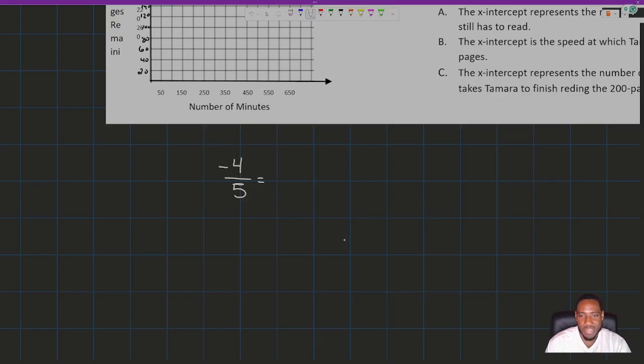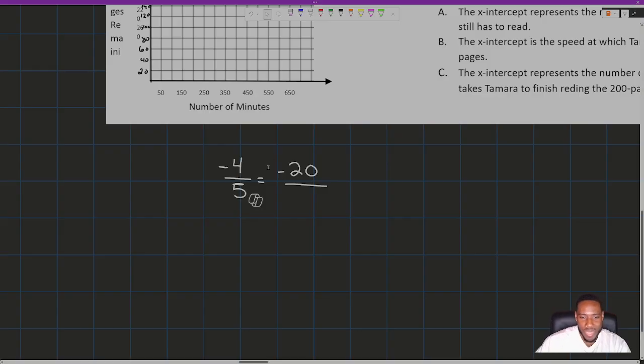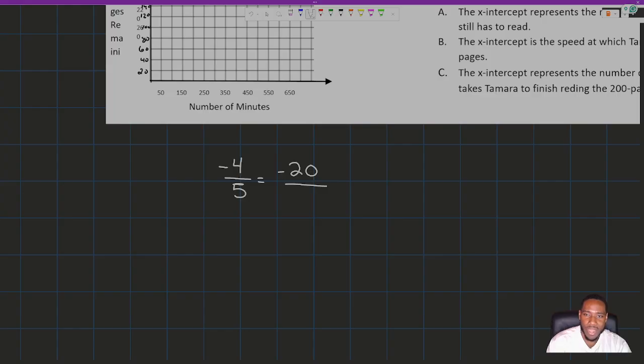And so the easiest thing I can see to do that is, let's say that we are going in increments of 20 on the y-axis, so -20. We got to figure out how much of a jump on the x-axis that's going to be. And to do that, we're going to look at the y value we have there, and we're going to see what do we multiply to get from -4 to -20. And hopefully you recognize that's times 5.